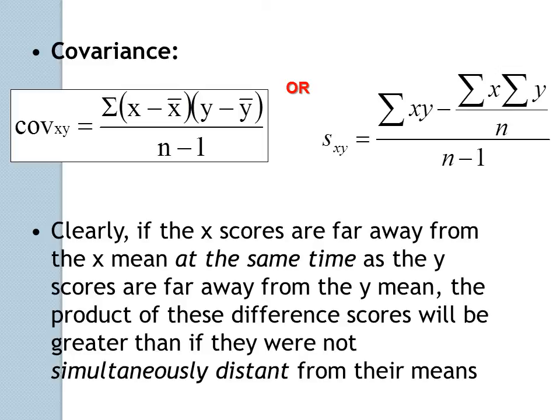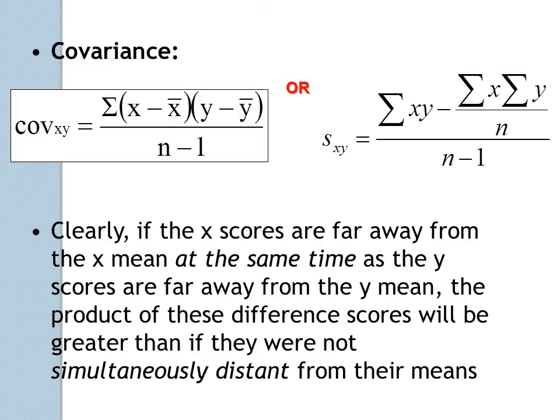If my x score is very far away from the x bar, the average of x, and my y score is very far away from the y bar, or the average of y, then the distances will be very large. When I multiply those two very large numbers with each other, that product is going to be extremely big.